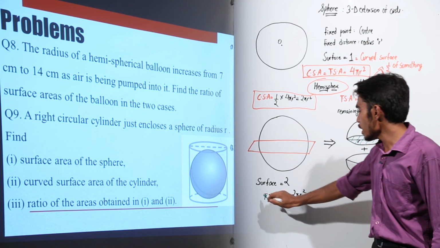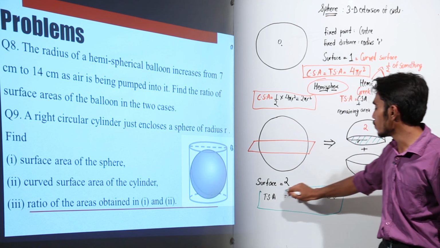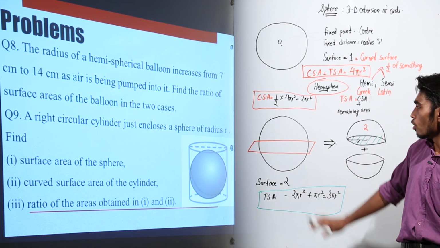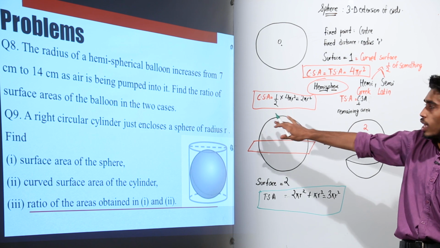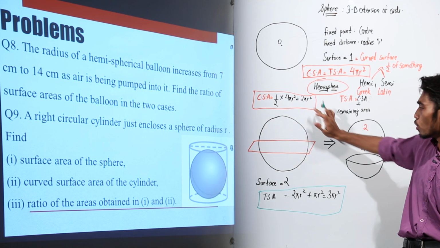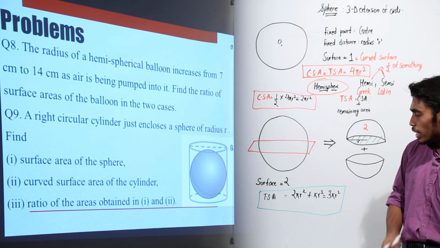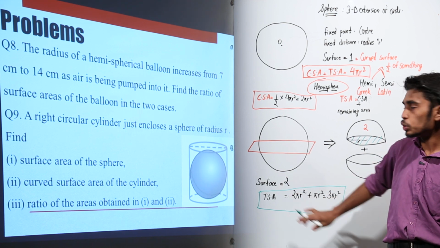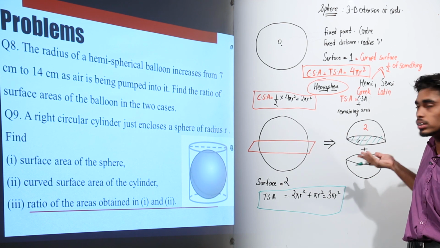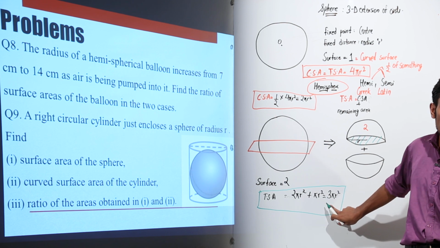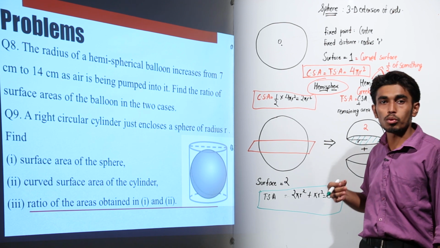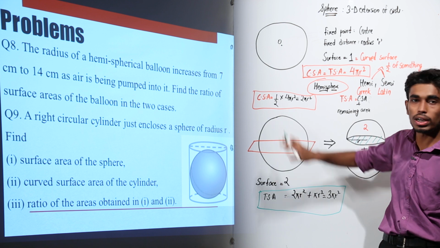So we have obtained the formulas for curved surface area and total surface area for a hemisphere. The curved surface area is 2 pi r square, because it includes the curved surface only, and the total surface area, which includes the curved surface as well as the base circle, is equal to 3 pi r square. Now let us see some questions on a sphere as well as a hemisphere.